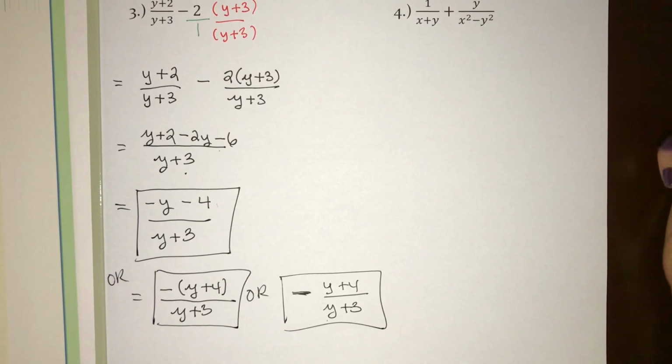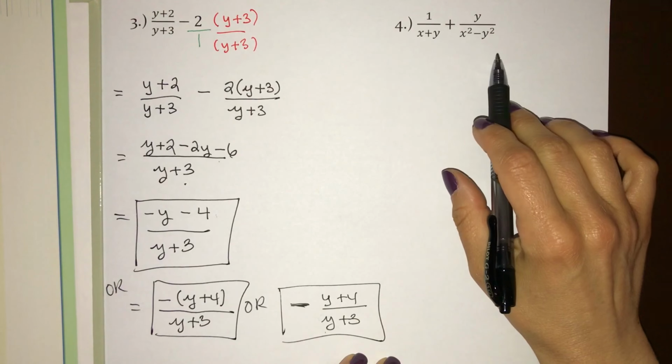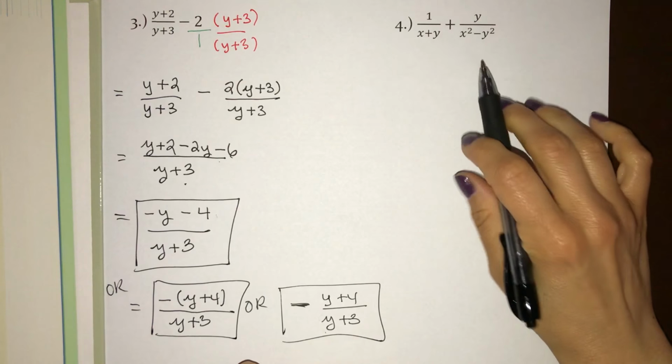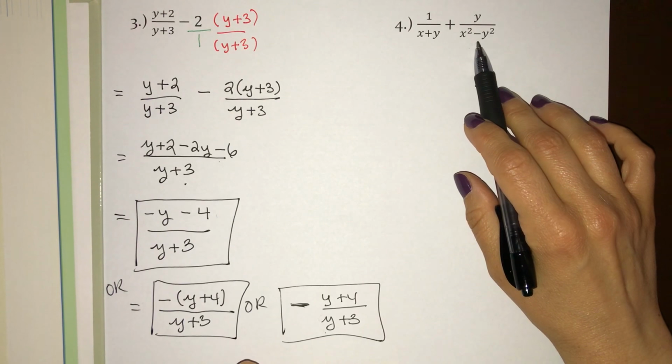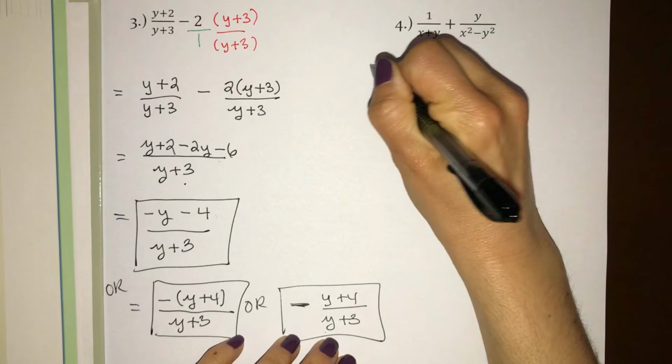Next and last example, number 4. We do not have the same denominator. So in this case, to get a common denominator, I actually need to factor whatever is not factored. So I can factor x squared minus y squared. So we have to factor first and then find a common denominator.